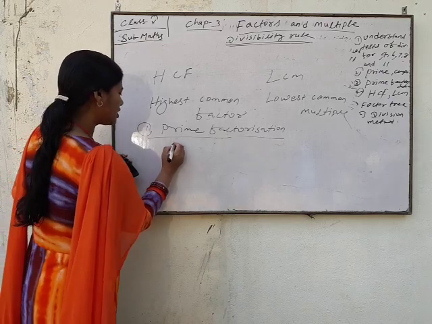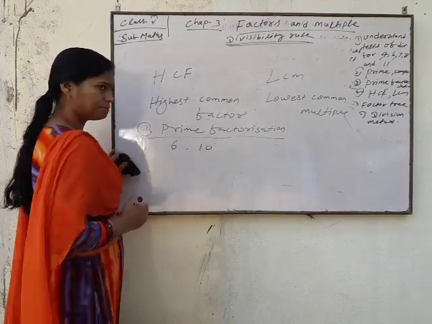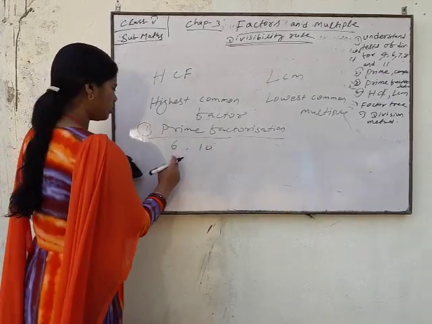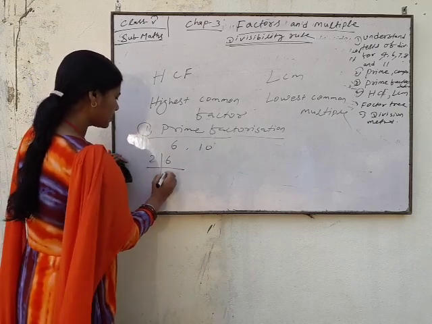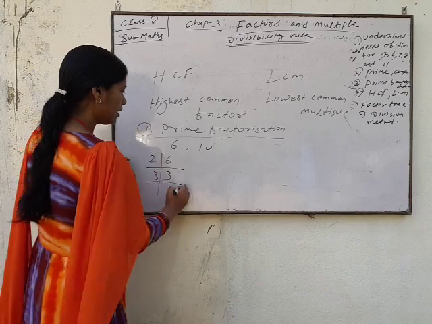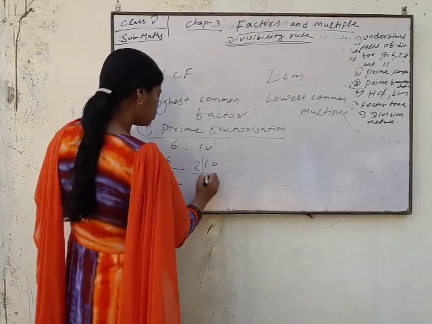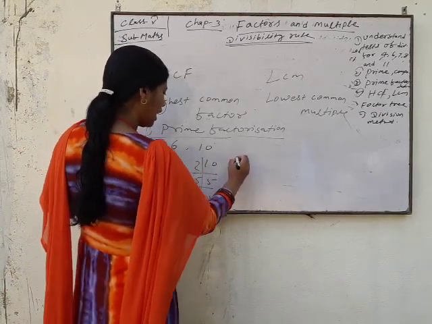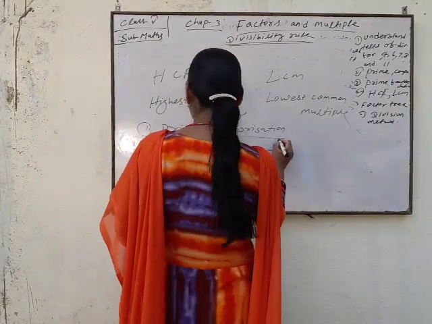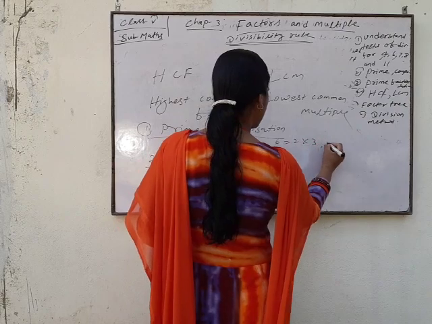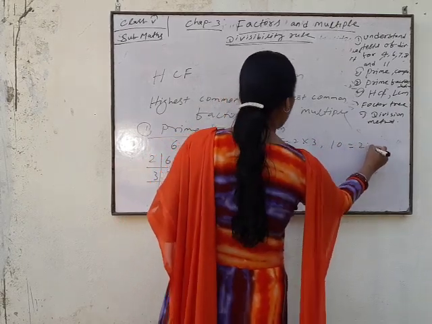Suppose that your numbers are 6 and 10. Now find the HCF. First write the prime factorization of 6, 2 into 3, and of 10, 2 into 5. Write 6 equals 2 into 3 and 10 equals 2 into 5.